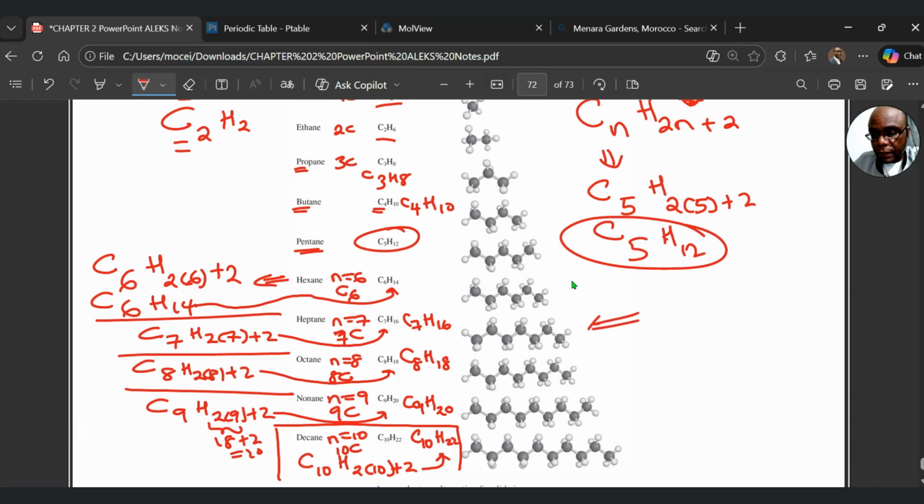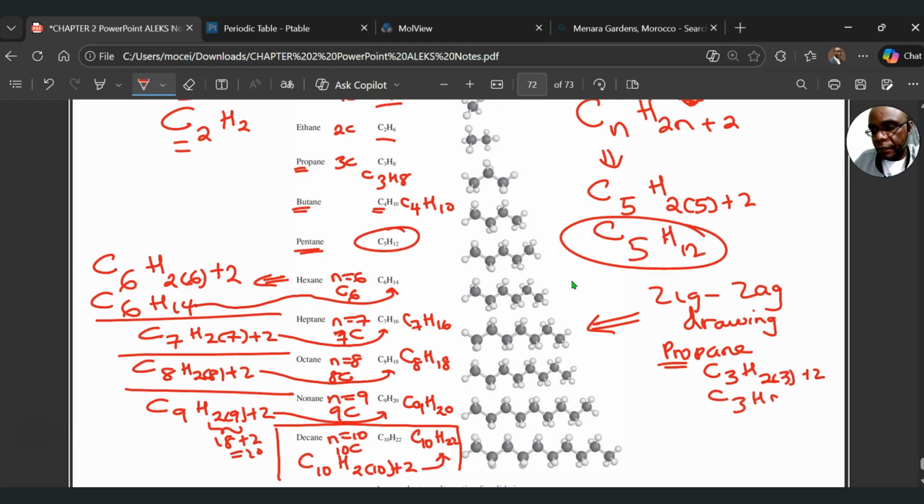Now, here you are seeing the zigzag drawing. We call these drawings the zigzag drawings. If you're interested in doing organic chemistry, you'll do a lot of these drawings. For example, let me pick a shorter one like propane. Propane has 3 carbons, so it's C3H, twice of 3 plus 2, so it's C3H8.